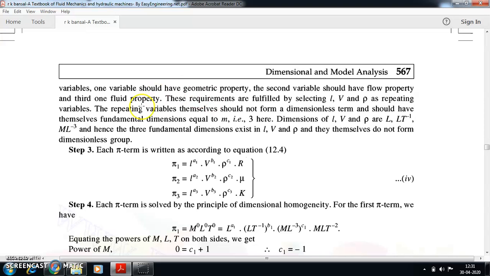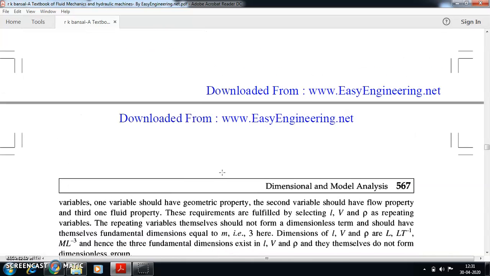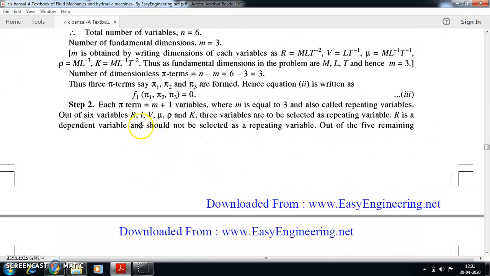You are free to consider anything. In the leftover 5 variables, L, v, mu, rho, and K, L tells you about geometry, length. It is a geometrical parameter. v is the only parameter which tells you about flow. And mu, rho, and K are all fluid properties.